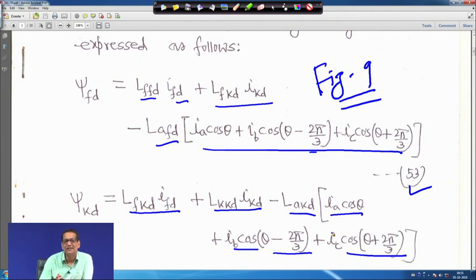From the symmetry we are writing these equations. Many terms are there, but just see the windings and put them in, that is all, very simple, right.